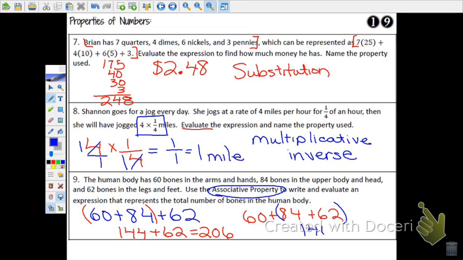So I have 146 plus 60, which still gives me the same answer of 206 bones. Okay. 206 bones. How many of you knew that there were 206 bones in your body? Second hour, they said you guys learned that in 7th grade. 206 bones in the body.